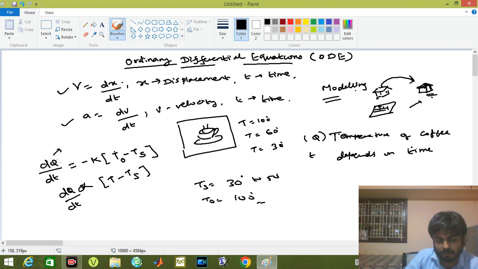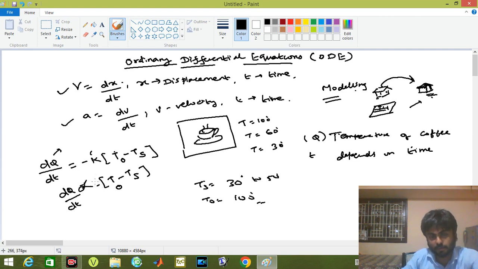This Q represents the loss in temperature of coffee, which is directly proportional to the difference between the object temperature and the surrounding temperature. Here the proportionality constant is K. Even if you put plus here, you have to take minus K as the proportionality constant.